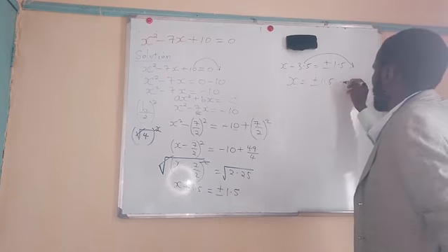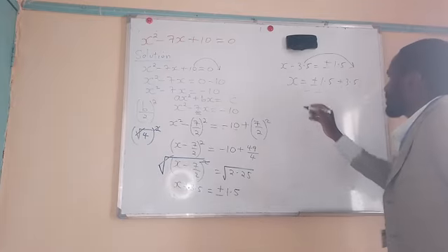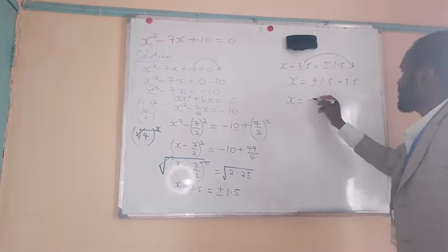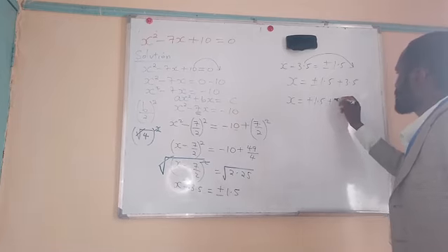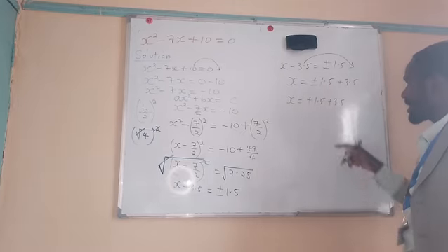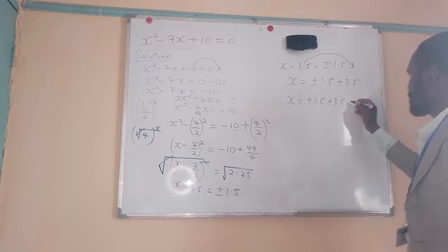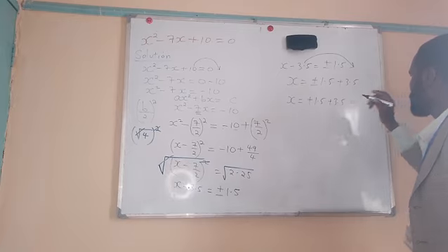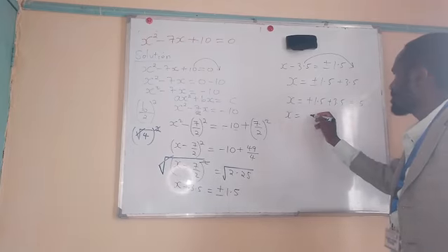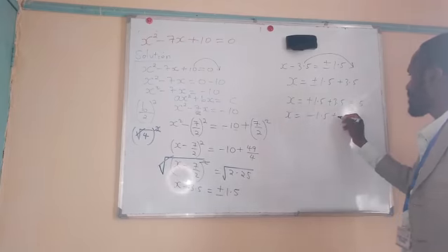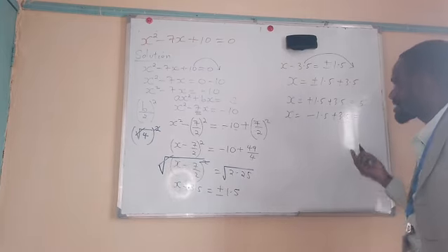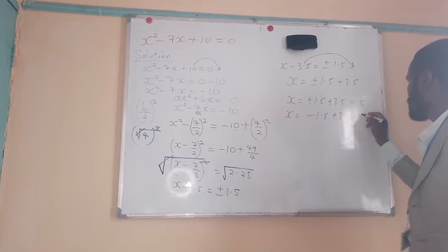This is negative, it will become positive 3.5. So my answers will be x is equal to plus 1.5 plus 3.5. I'll use positive and again come back and use negative. So plus 1.5 plus 3.5, I get the answer as 5. I'll come back and say x is equal to negative 1.5 plus 3.5, that's the same as 3.5 minus 1.5, which gives you 2.